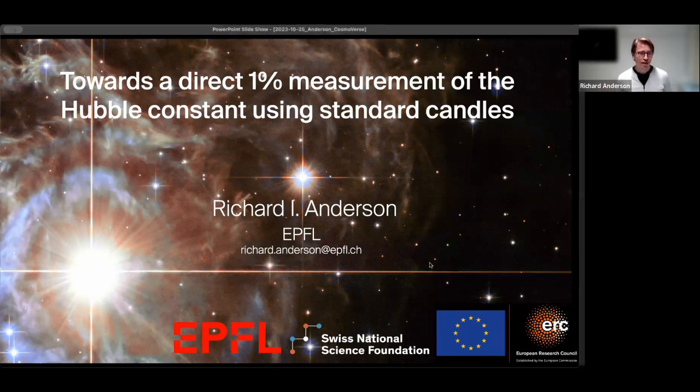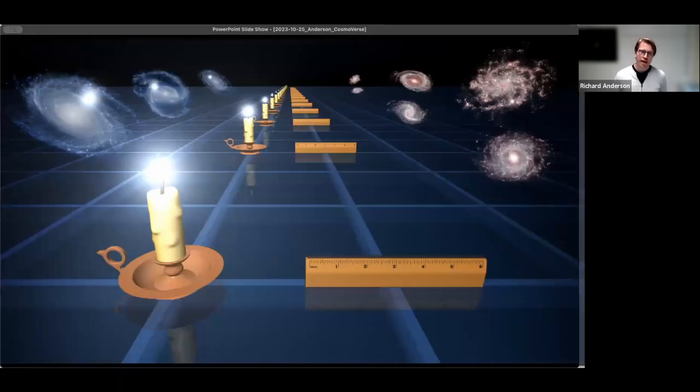So the title is, of course, using standard candles to measure the Hubble constant, and today's talk is really about how we can make the best of the information that is provided to us by stars that calibrate the base rungs of the distance ladder. And so, as a quick reminder, what do we mean by standard candles?